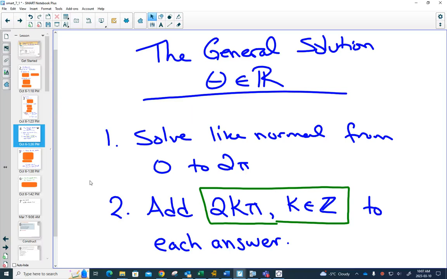So in the space at the top of page 574, write this down. We're going to solve like normal from 0 to 2 pi. Then you already know how to write coterminal angles by adding 2 pi times k. So we're going to take each answer that we have and add 2k pi, where k is an integer, to solve.